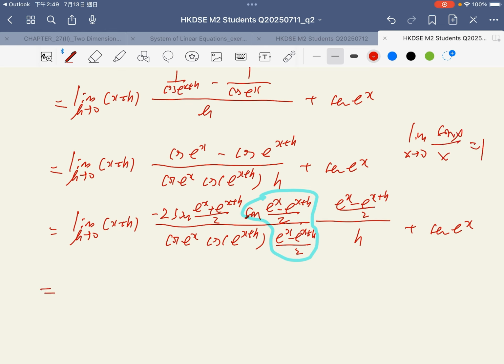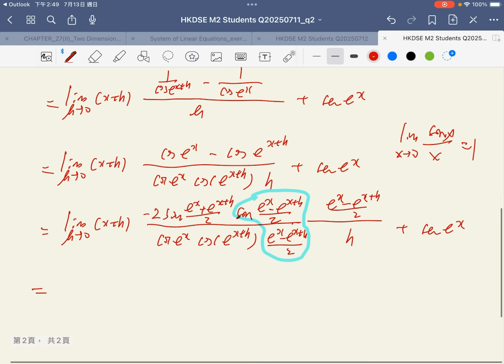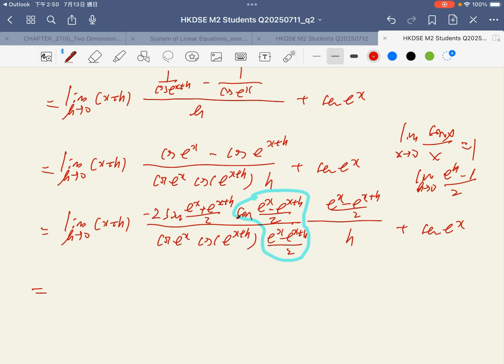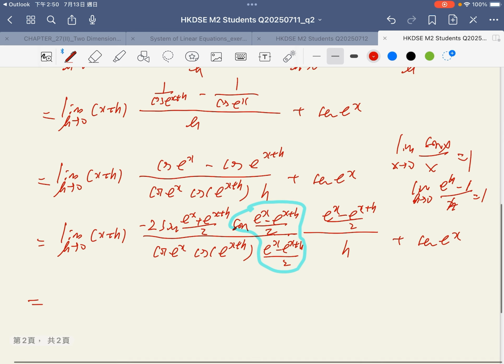And for this one, we have to factorize negative e^x and also 1 over 2 outside, so that this part can have the format of limit h tends to 0 of (e^h minus 1) over h equals 1.